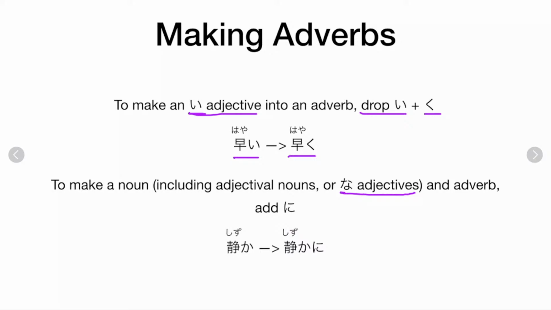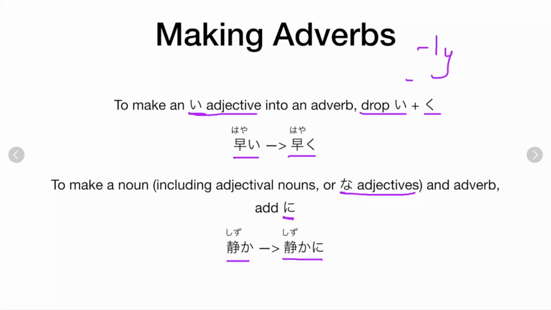If it's a noun, right, so a na adjective, then to make it an adverb, you just add ni at the end. So shizuka means quiet. Shizuka ni is quietly, right? So this is kind of basically saying add -ly to your adjective.